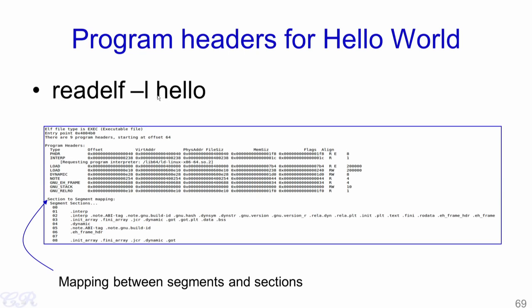Note that we are giving the executable over here and not the object. These are the parameters which are printed related to the program headers: the type of the header, the offset, the virtual address where it needs to be loaded, the physical address, the memory size, and the flags.